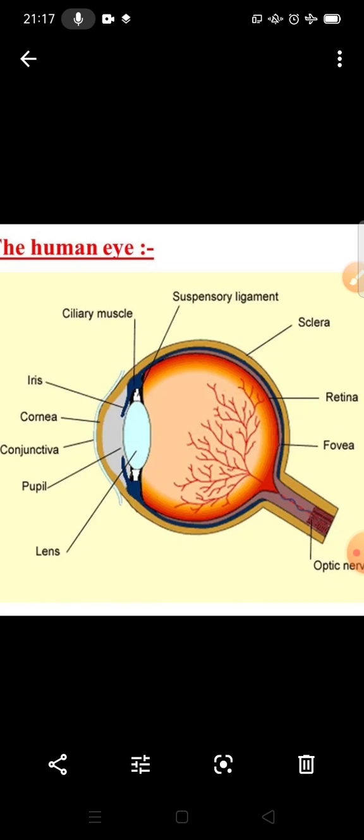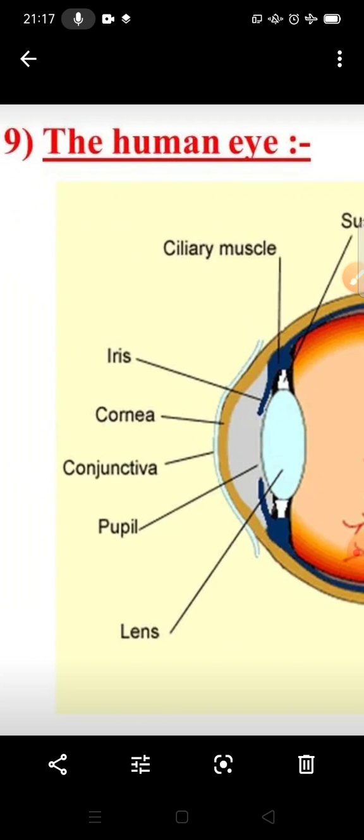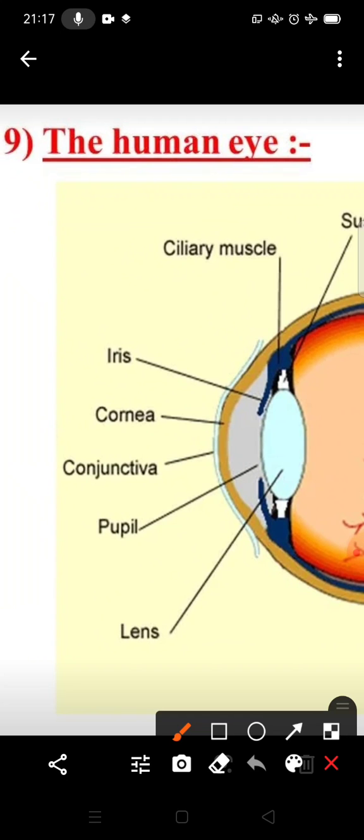What are these? You can see the foremost part of the eye through which light enters the eye, which is the cornea. The foremost part of the eye through which light enters is a transparent cover called the cornea.